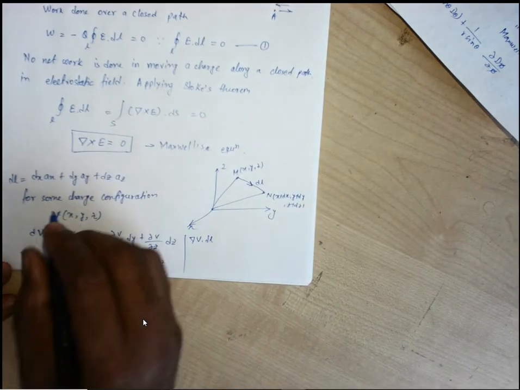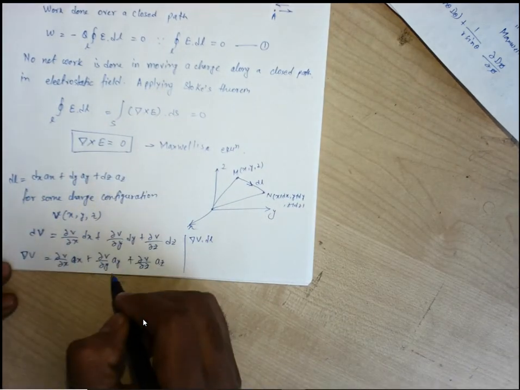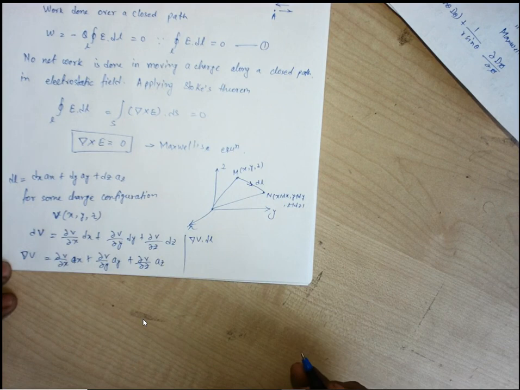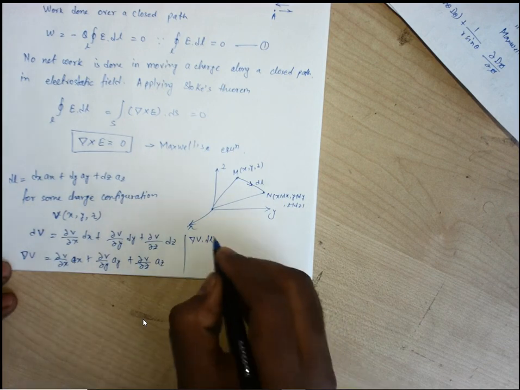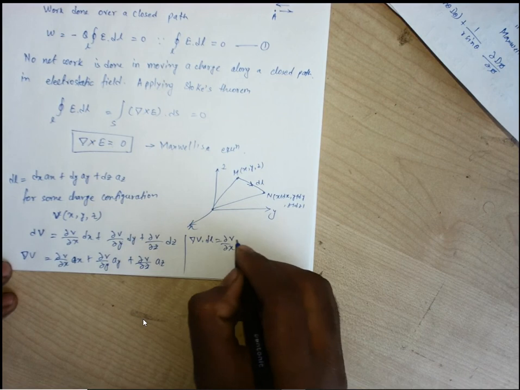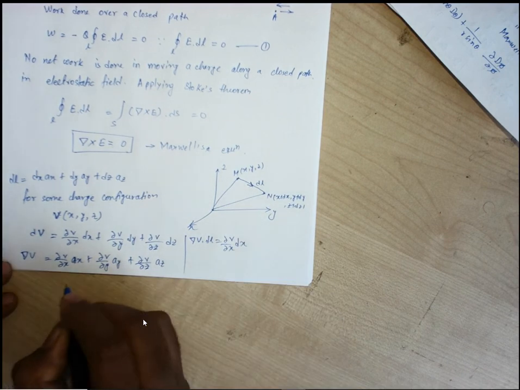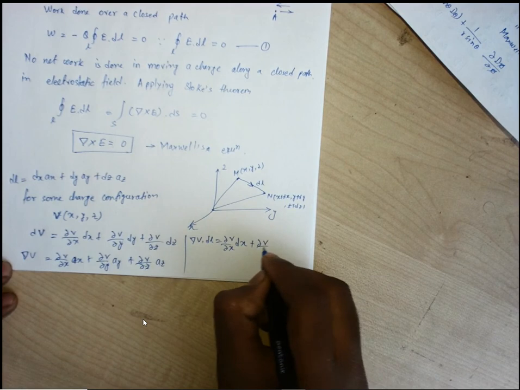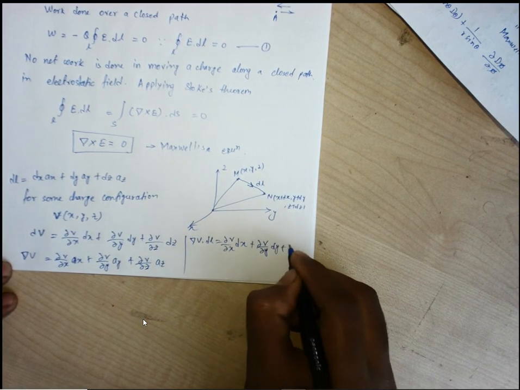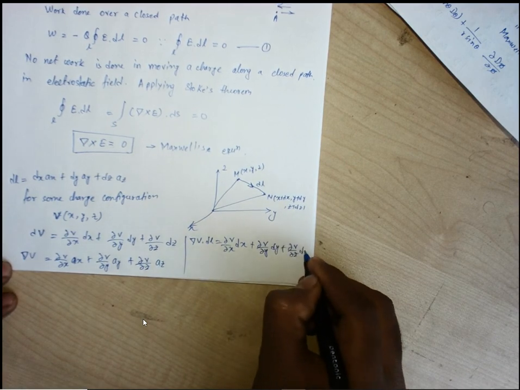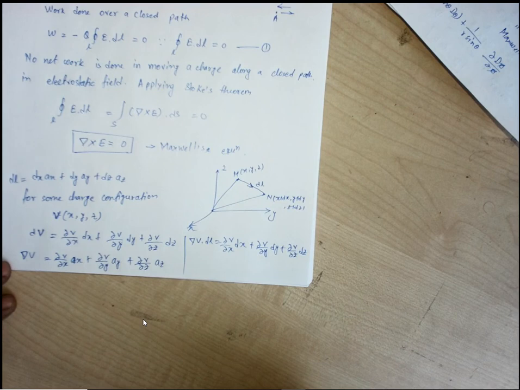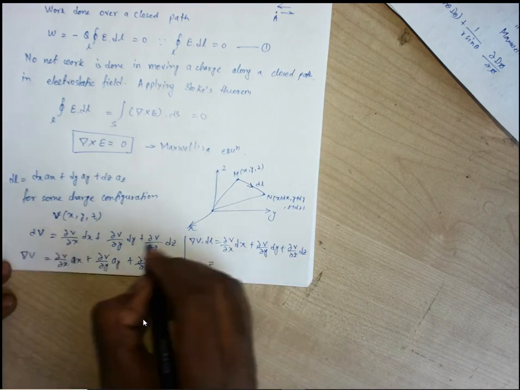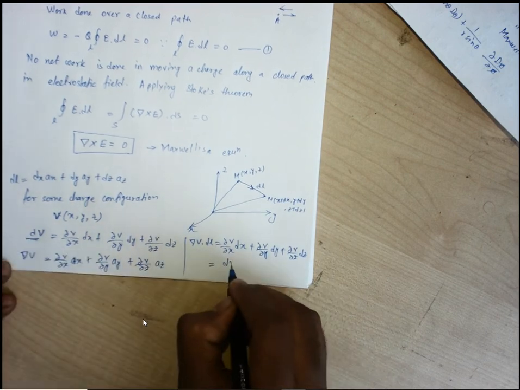the same unit vectors give the value one, so ax dot ax is 1, ay dot ay is 1, az dot az is 1. So we get del V by del x dx plus del V by del y dy plus del V by del z dz, which is equal to dV.